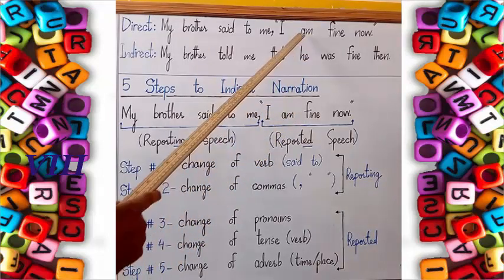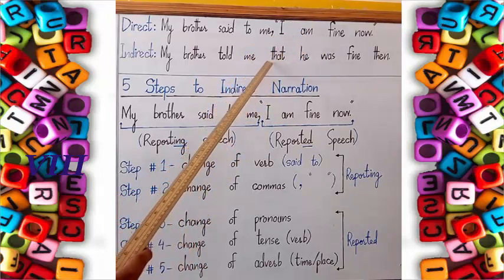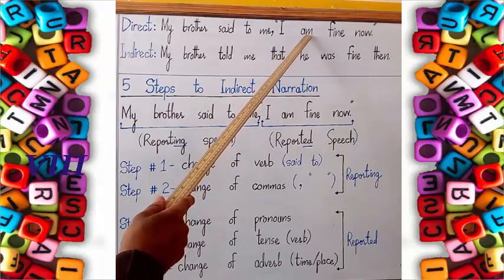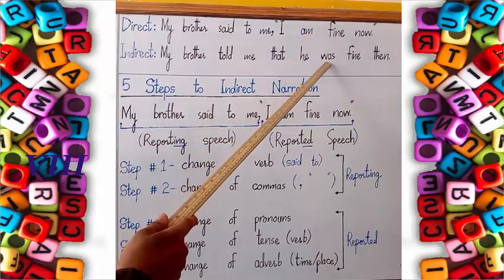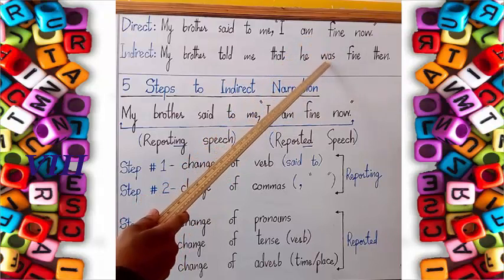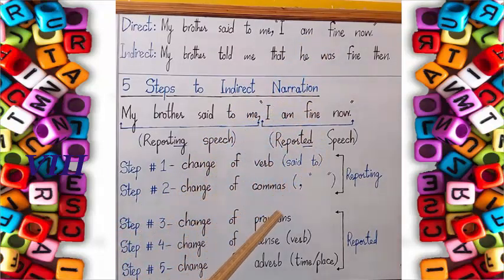You can further go here to this example given, which has been converted into indirect sentence, so you can easily understand. Here, there is "am," and here, there is "was." So the change of tense, how this change takes place, I am going to explain you one by one, step by step. Then the last step in reported speech is change of adverb of time or place.